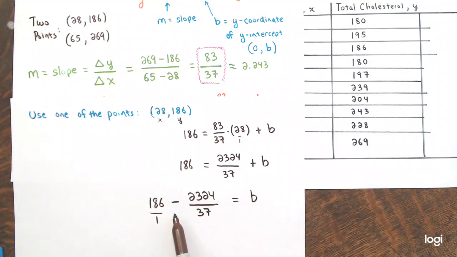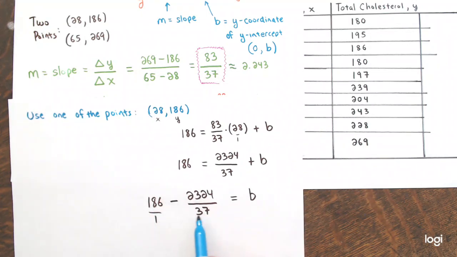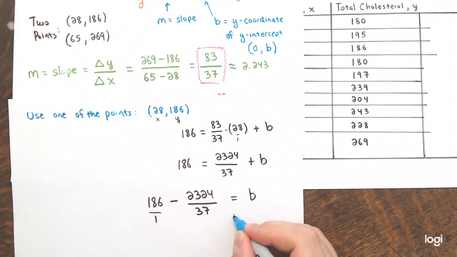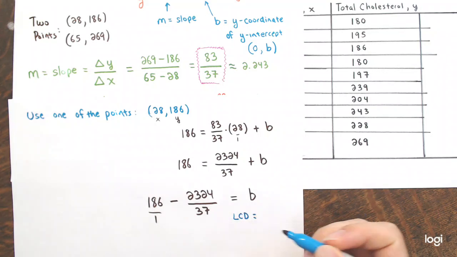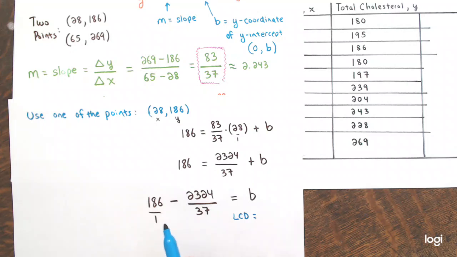Whenever you add or subtract, you need a common denominator. This is subtraction here, not multiplication. So I need a common denominator, which is clearly 37, the LCD. The least common multiple of the denominators is 37, because 1 goes into 37, 37 goes into 37. That's the smallest number that both denominators go into evenly.